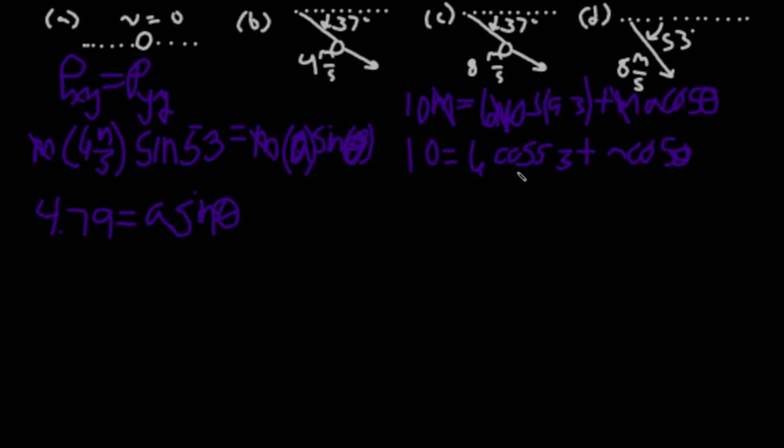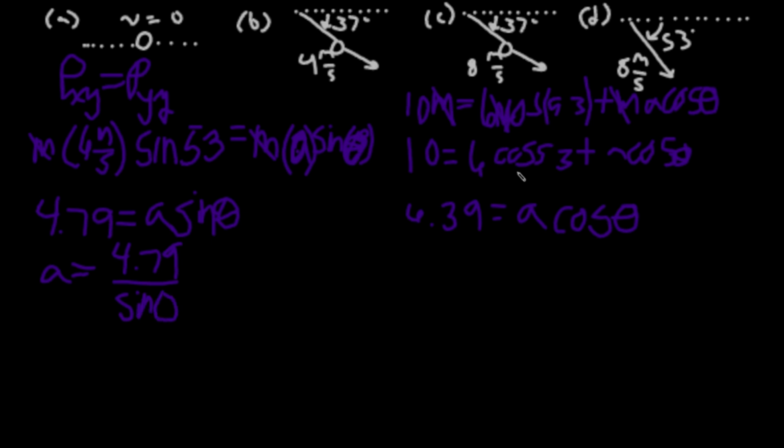And that gives 6.39 equals a cosine of theta. Alright, now we can say that a is going to equal 4.79 divided by our sine of theta.